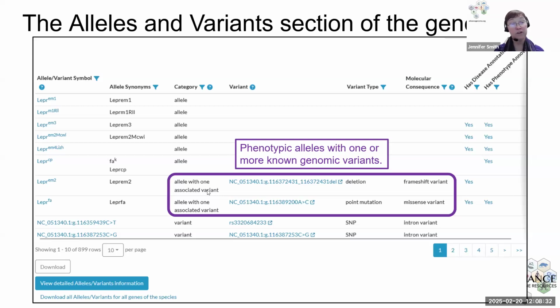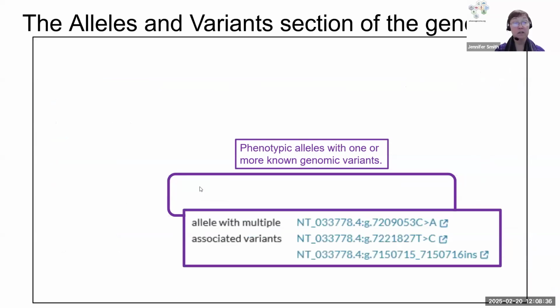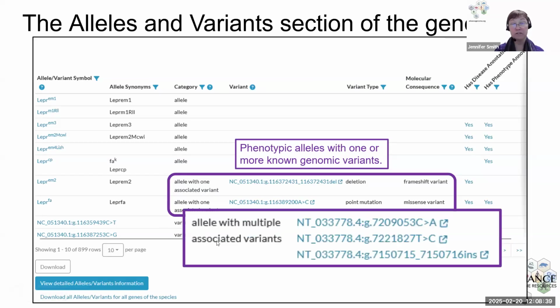If there's more than one variant for the allele, it will show all of the variants that are associated. So this is an example of a fly allele that has 3 variants associated with it. So the category is allele with multiple associated variants, and it gives you the information about all 3 of the variants.